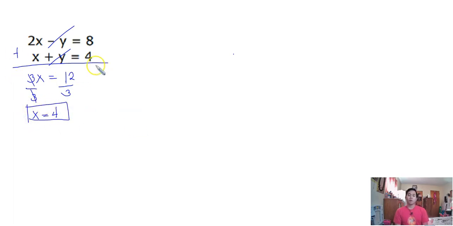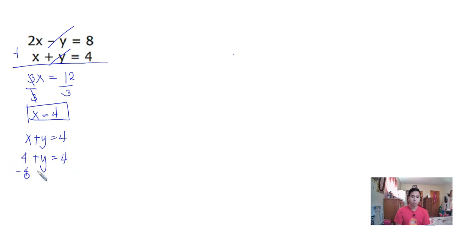Now, to plug in the value of x that we already solved, you can choose the first equation or the second equation. Maybe the easiest one is the second equation. You have to choose the easiest one. So x plus y is equal to 4, where my x is 4, so 4 plus y is equal to 4.